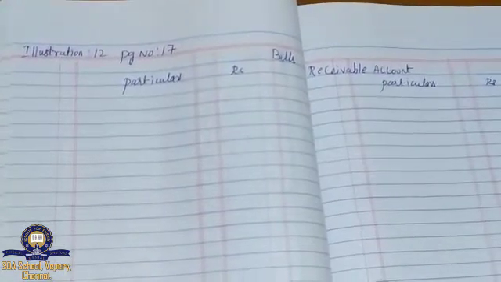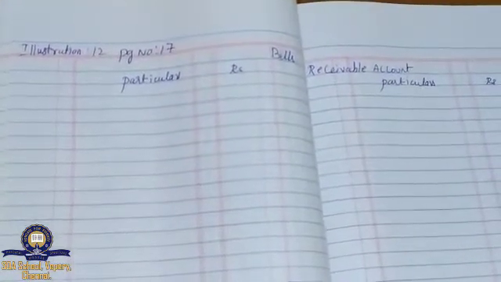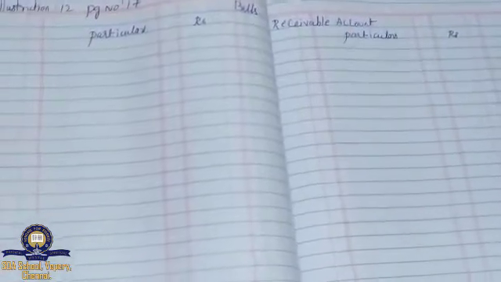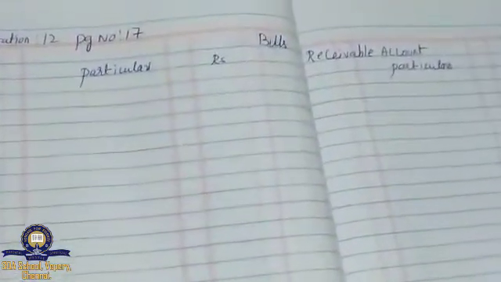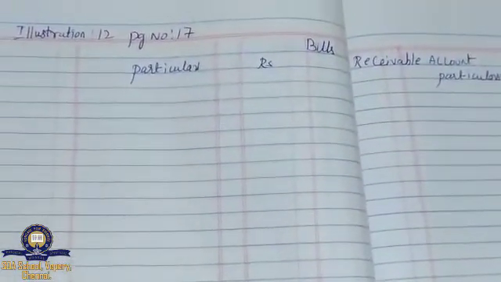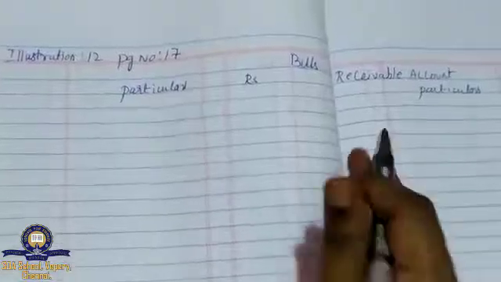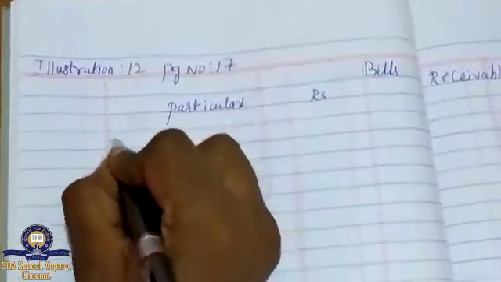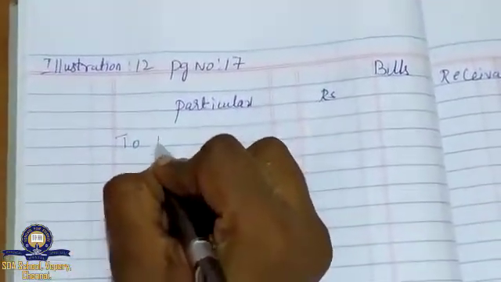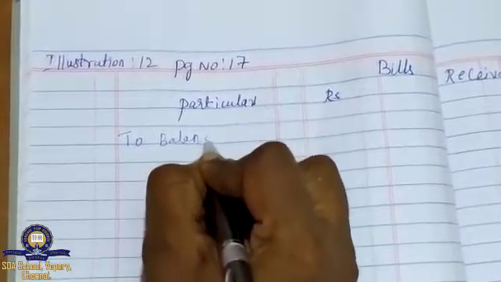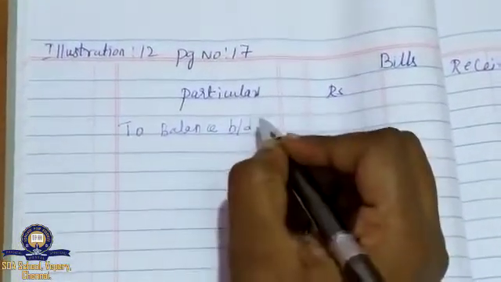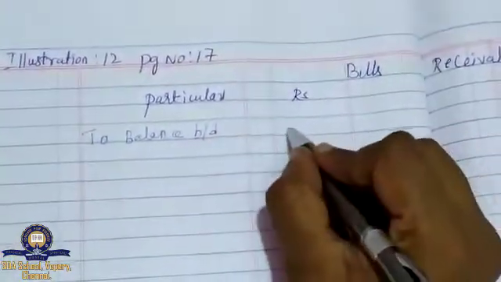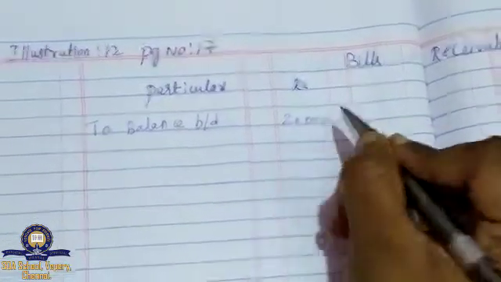Bills receivable account, debit side and credit side, particulars, rupees, particulars, rupees. So first, opening bills receivable should come under the debit side. So to balance brought down, the amount is 20,000.